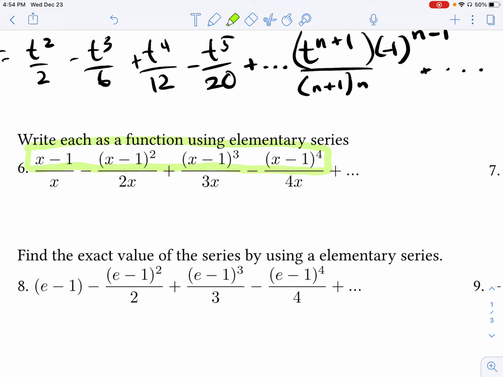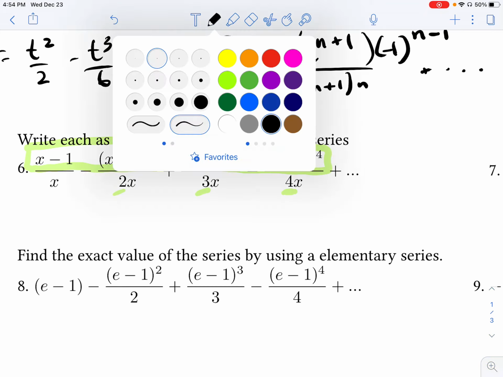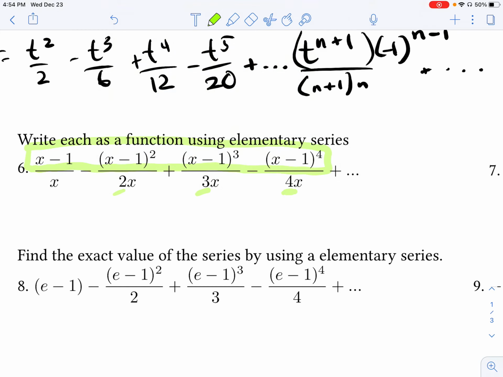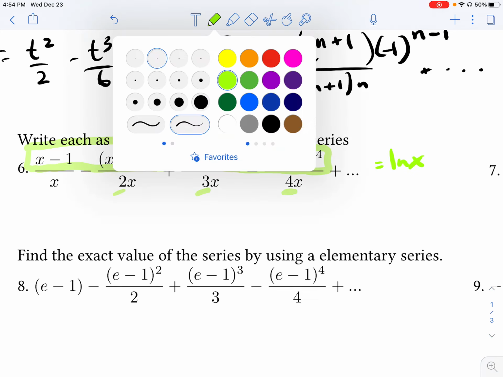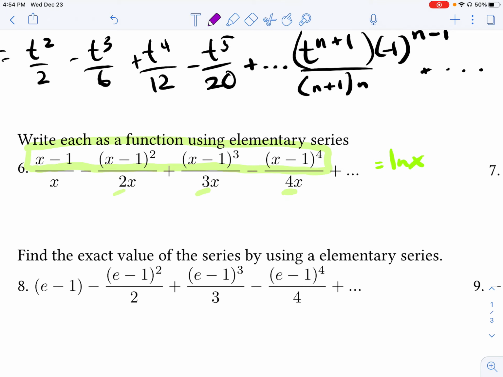Actually, not only that, but also what we see here in the denominators. All of this is really just what's in the denominator. So everything that I have highlighted in green, that's really just the natural log of x. The only difference now is just making sure that I incorporate all of these x's in the denominator.